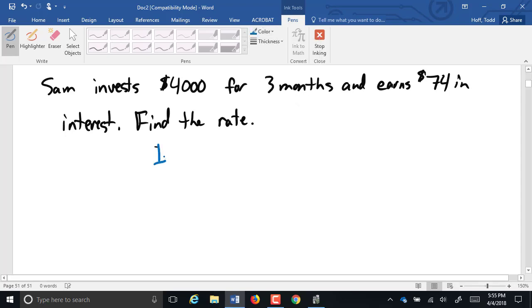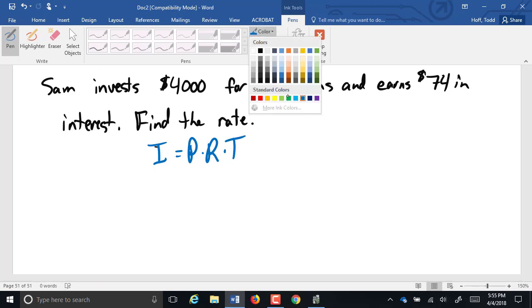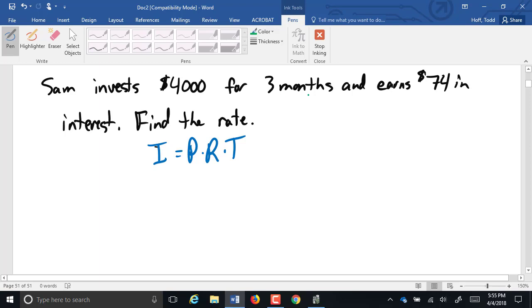So this is still interest equals principal times rate times time. The difference is this time we know the interest is $74. The principal is 4,000. We're missing the rate this time. R. 3 months is 3/12.